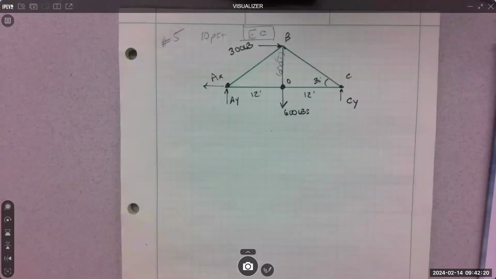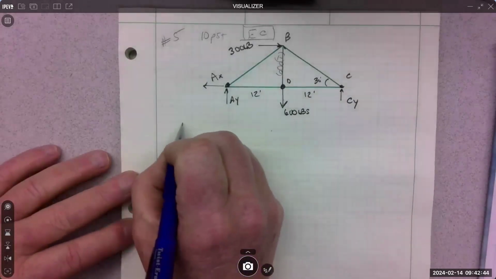We have a clean cross at D. You want to pick those off when you can. And when I find AD, I know it's the same as DC. So I'm gonna get my reactions.